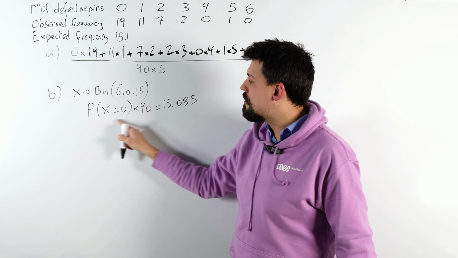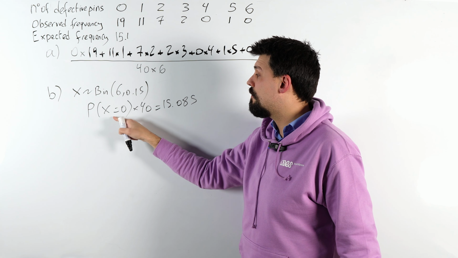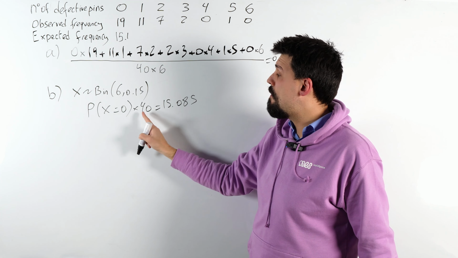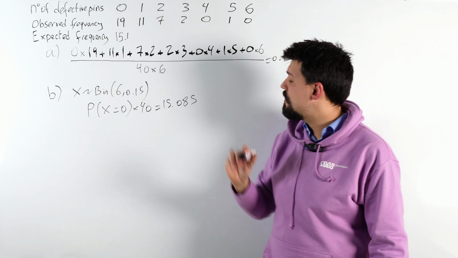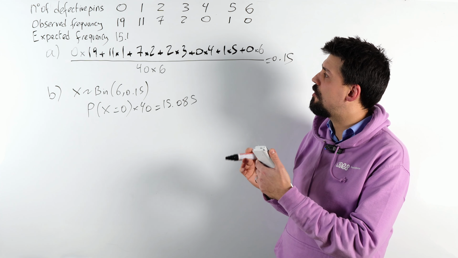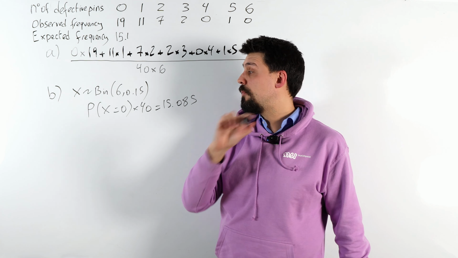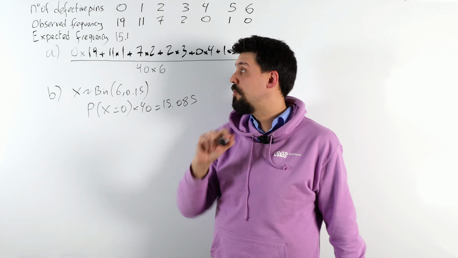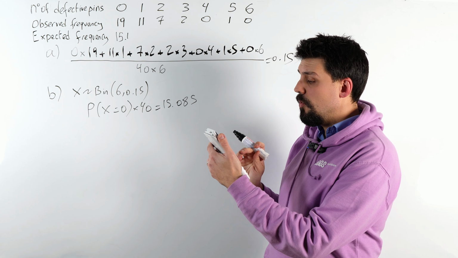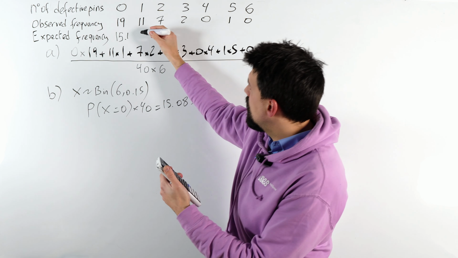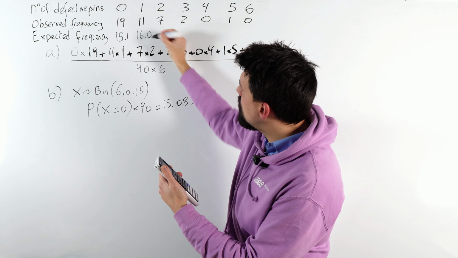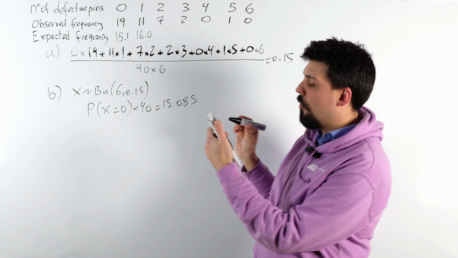All right, so this is the probability of any batch having none of them. What does that mean out of 40 batches? Times it by 40, which tells me about 15.1 of them should have no defective pins if the number of defective pins follows this distribution. All right. What we're going to do is do the same thing for all of these.